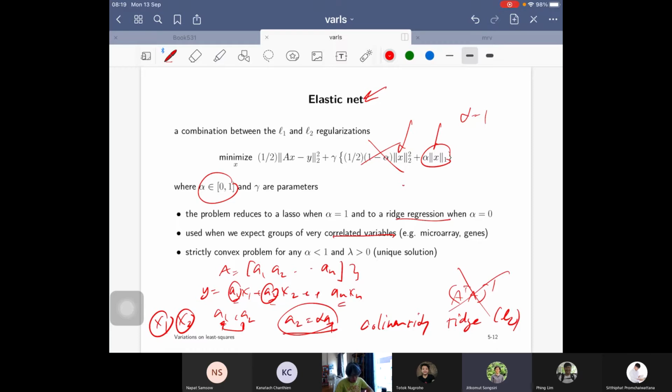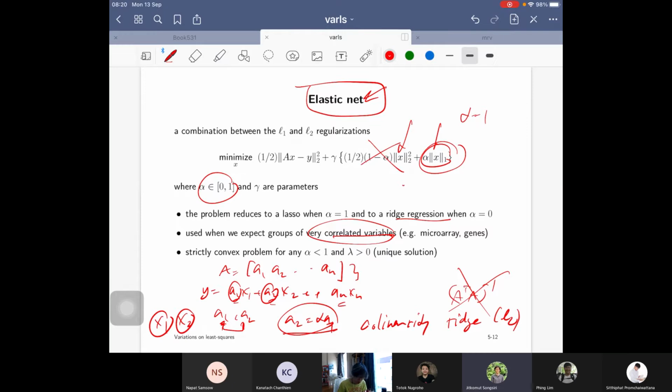Then it means that if you use least squares or the lasso, whenever you have a collinearity problem, you will not see this kind of phenomenon. That's why the elastic net is proposed, so that you have a balance of sparsity of the solution, but you can also detect or observe when the regressor matrix contains some correlated variables.